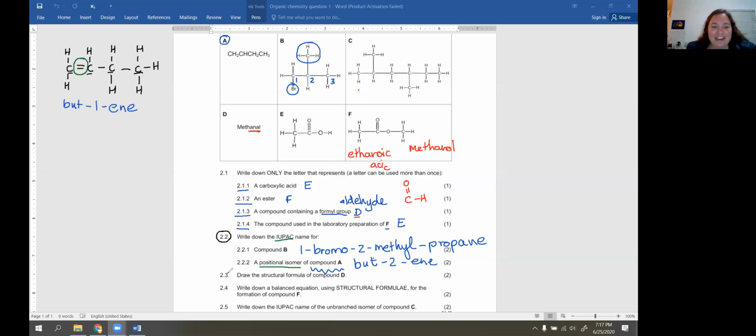Let's carry on. Question 2.3 says, draw the structural formula of compound D. I haven't yet done that, so I'm going to quickly pause and ask you to please do that. Oh, sorry, good point. Somebody's just shared something and it's vitally important. I come from an old school where we were allowed in the very, very olden days to put a dash between methyl and propane.